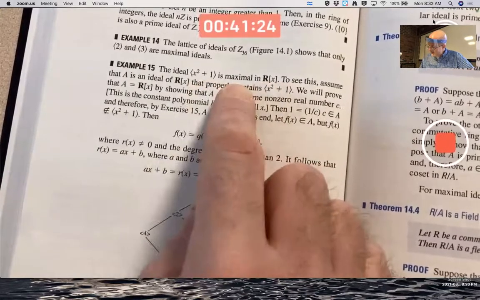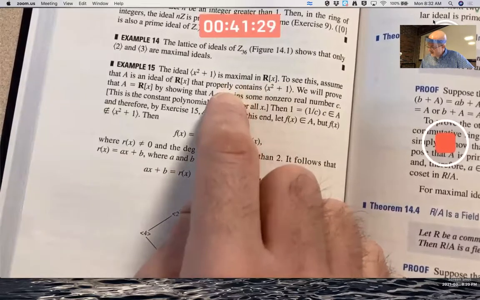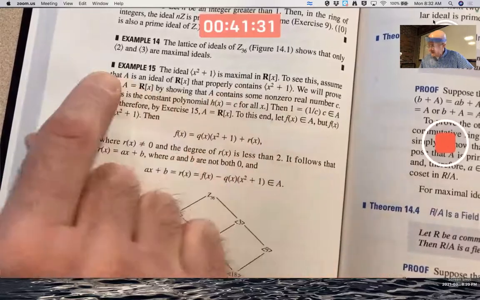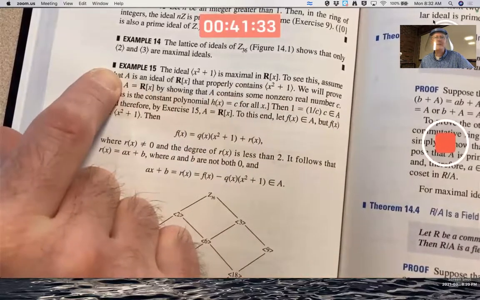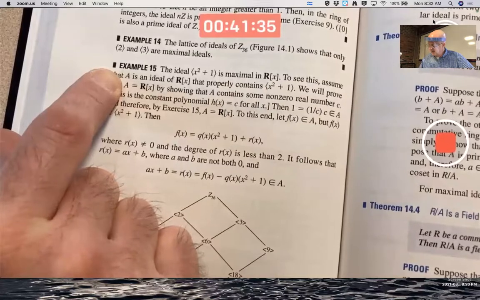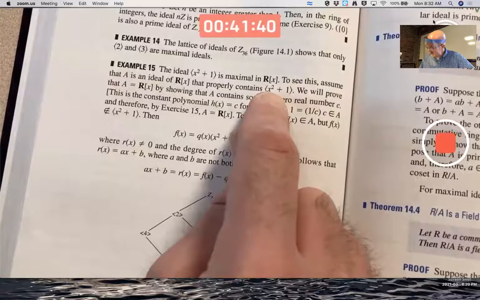The claim is this is maximal. How is it done? They probably should have used the letter B here to be more consistent with the definition of a maximal ideal. Suppose you've got another ideal that properly contains this.